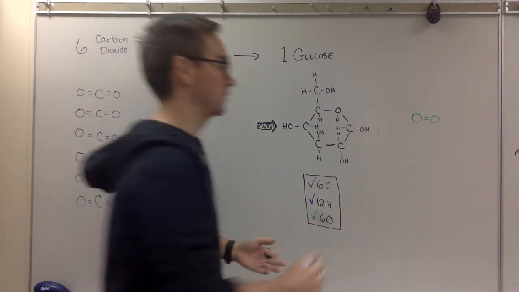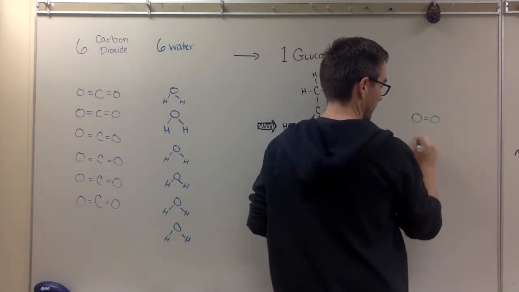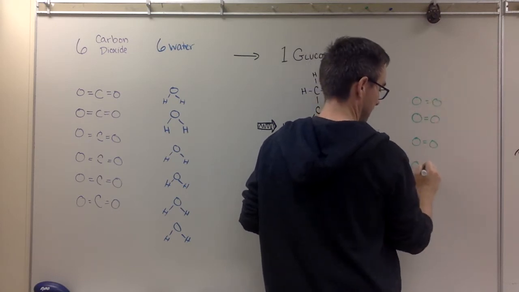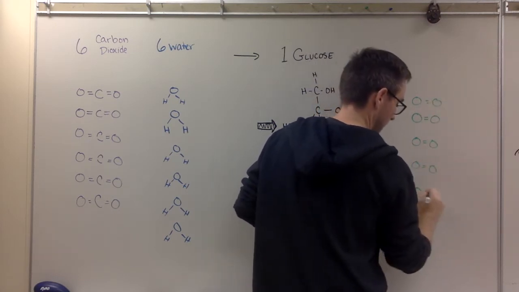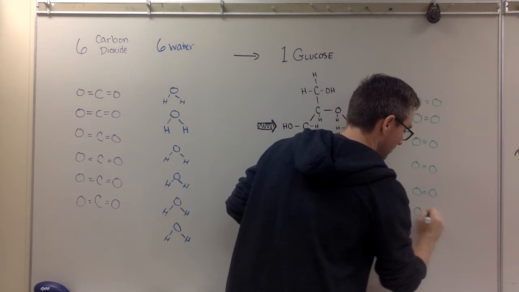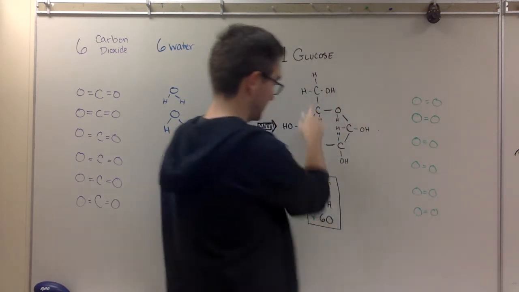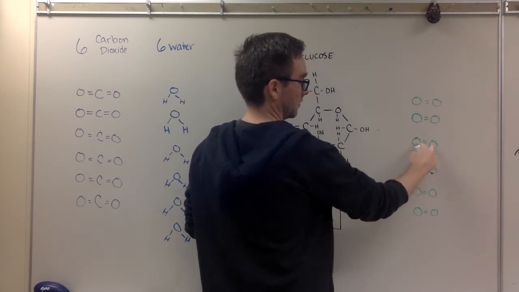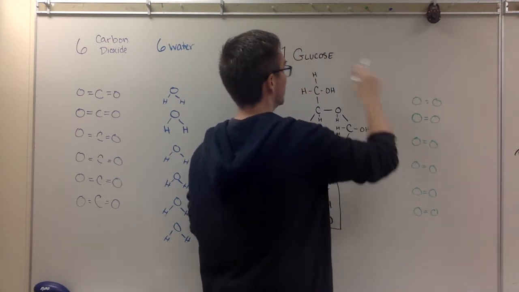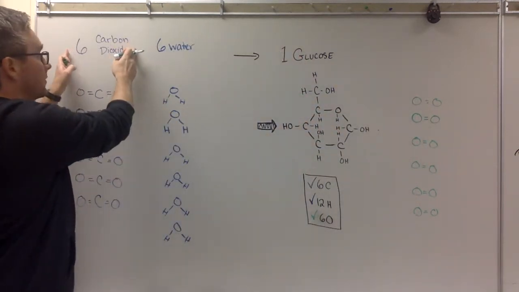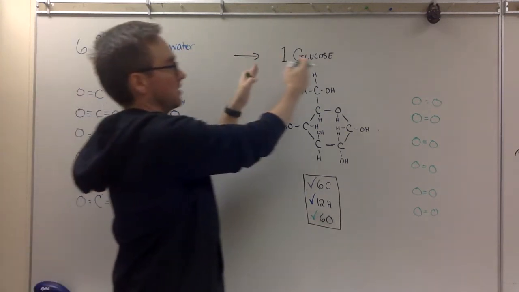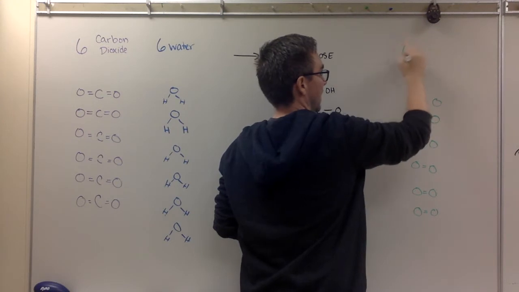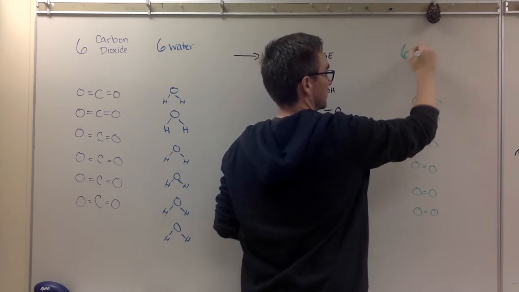I've used 6 of them, and I have 12 left over, double bonded to each other, so I have the 6 in here, 8, 10, 12, 14, 16, 18. So 6 carbon dioxides and 6 waters made the ingredients to make 1 glucose and 6 oxygen molecules.